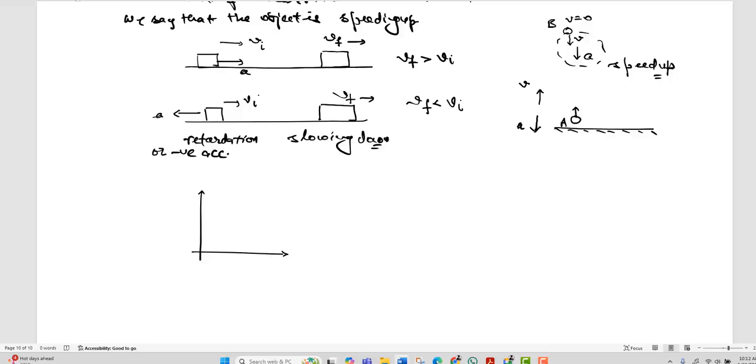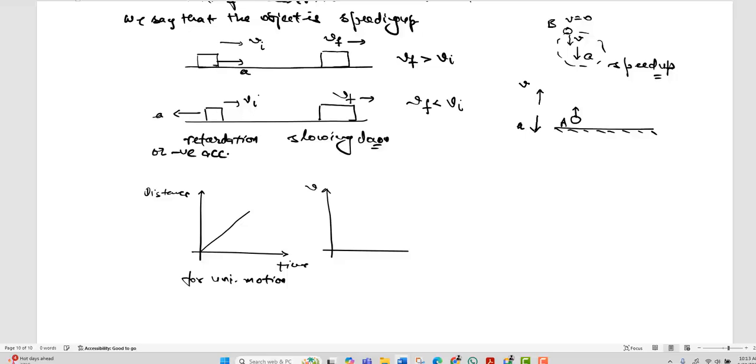Very good, nice. And what about the velocity time graph in a uniform motion situation? The distance time graph, you told, would be a straight line, right, for uniform motion. And what about the velocity time graph?